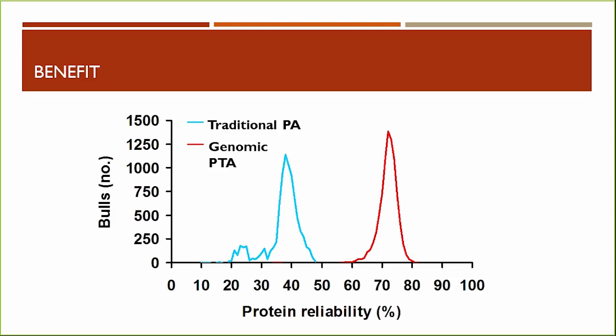So if you're selecting for protein content in your animals, there's about a 40% reliability. Now if you add the genetics, that marker-assisted selection, your reliability goes from about 40% to about 75% for selection. So the genomics is really adding increased accuracy and reliability for selecting for that trait. So how do we use this information?